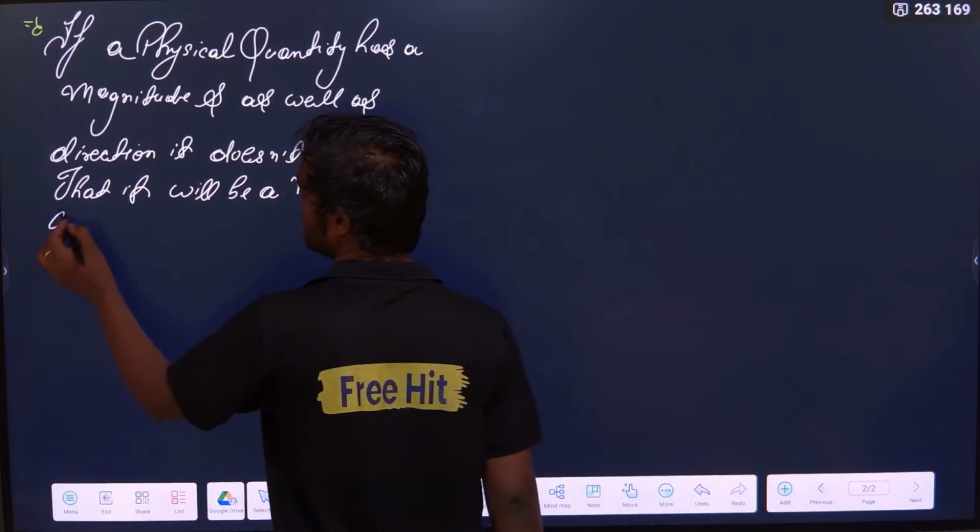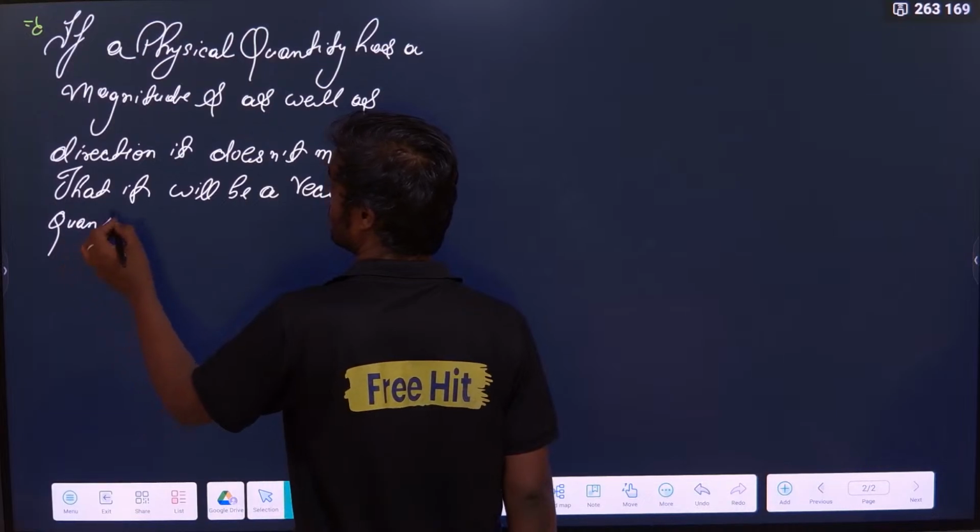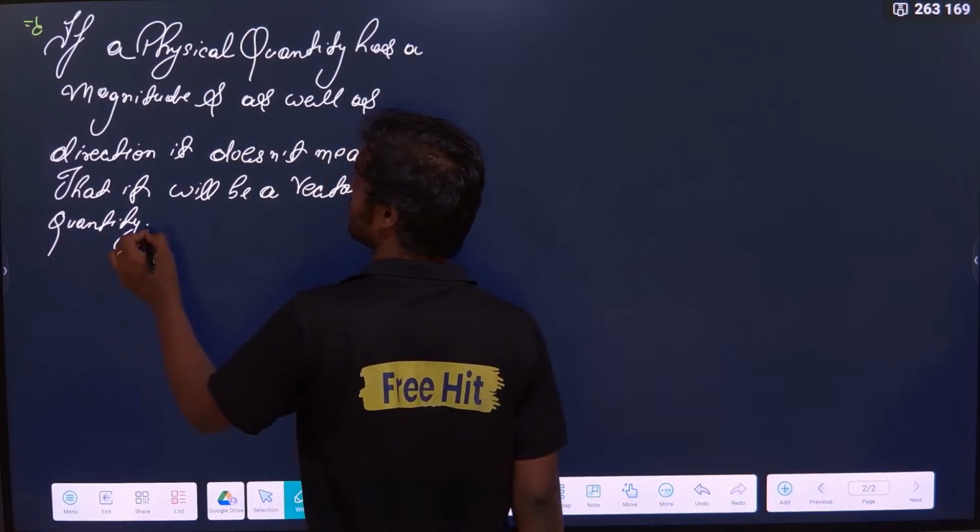Okay, it is not necessary that it will be a vector quantity. That is one important point.